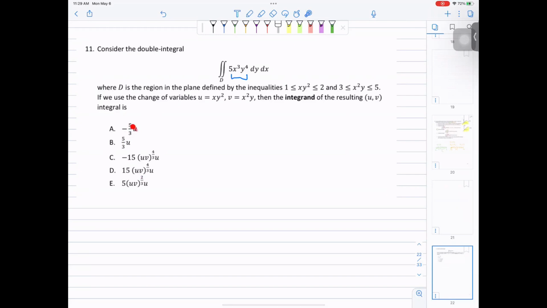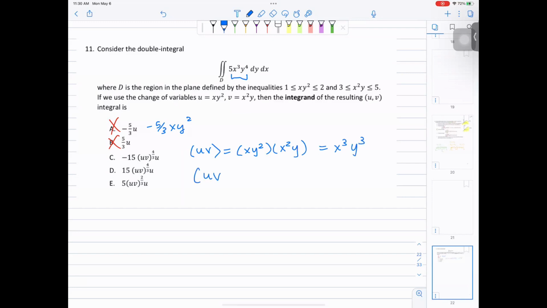You know that it can't be negative a fifth u, because that would give me negative a fifth xy squared only. That's not equal to the integrand, so it's not these ones. Does uv to the 4/3 give us anything? What is uv? uv is xy squared times x squared y, so that's x cubed y cubed.